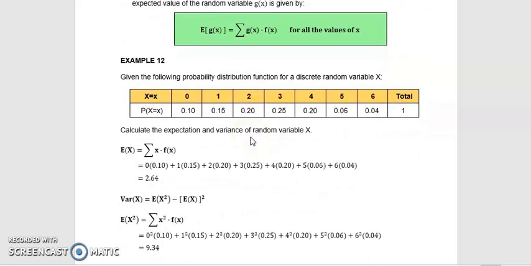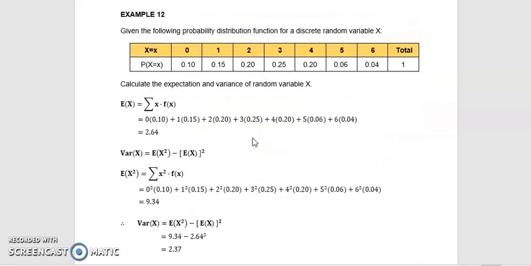Okay, so look at this example. How to find the expected value or the mean? Expected value of x equals the summation of x multiplied by fx. Summation means you total up the product of x multiplied by its probability. Here x starts from 0 until 6.